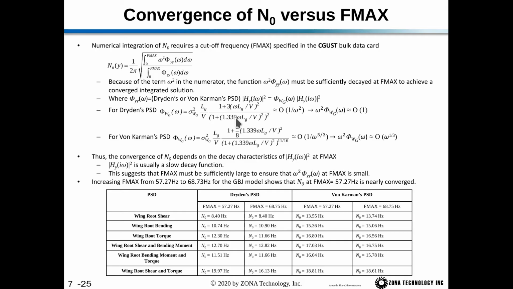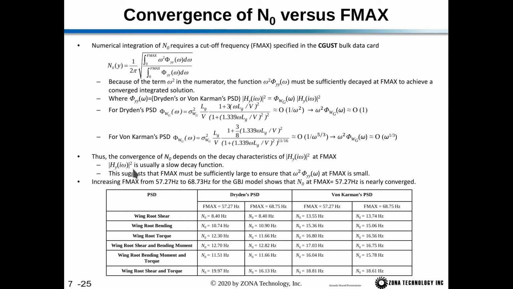So if we look at what happens when we multiply by omega squared, that gives us an order of 1. For von Karman's PSD, once we multiply by omega squared, that gives us an order of omega to the 1/3. Thus, the convergence of N naught depends on the decay characteristics of hy of i omega squared at Fmax.